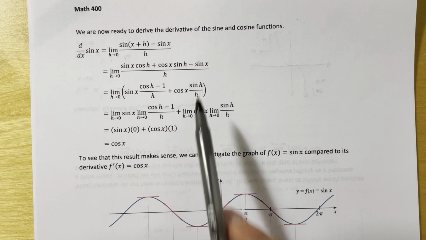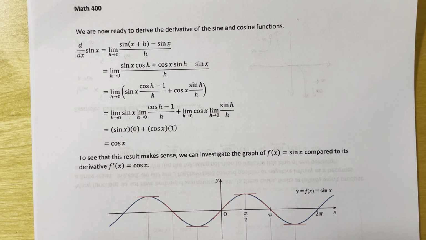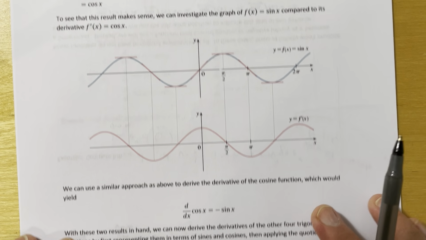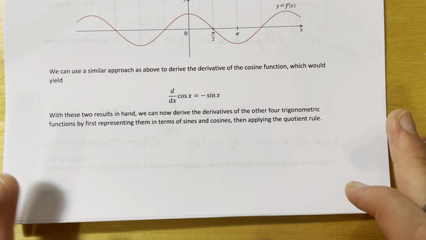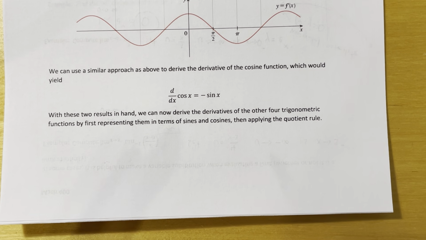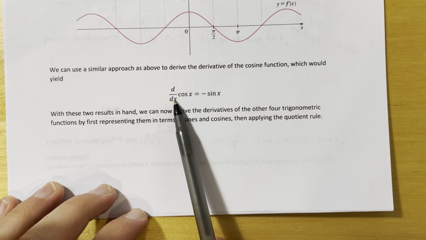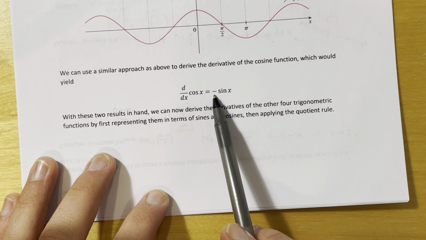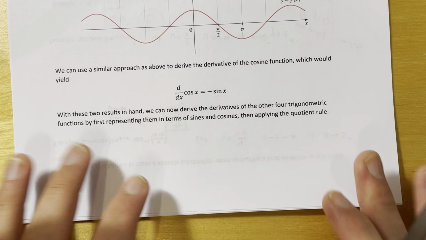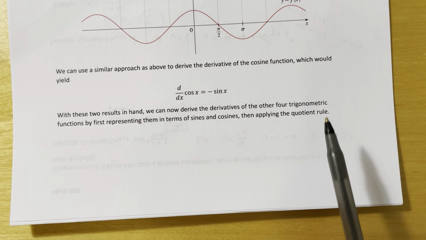I would see both of these limits show up again, and I would do basically the same thing. So even though it's not an identical proof, it's so similar to what we already did that I don't want to take the time to walk through it. If you did, though, you would see that the derivative of cosine of x is not sine of x, but negative sine of x. Okay, so we need to remember that. It's negative sine of x.